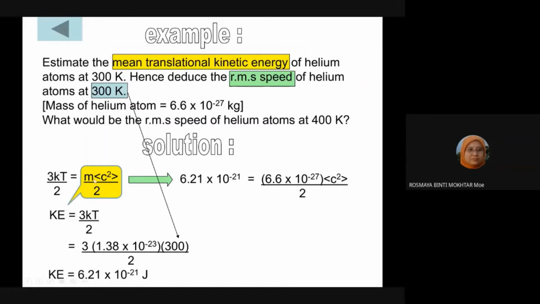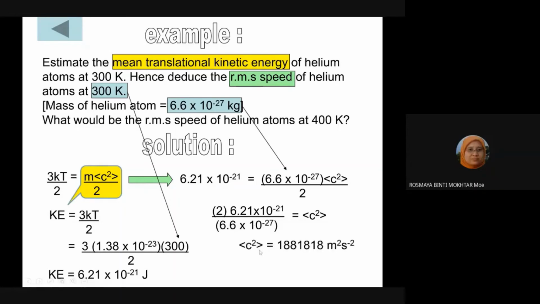Kinetic energy equals half m mean square speed. Half m is given, 6.6 times 10 to the power of negative 27, and then the mean square speed. So we calculate the mean square speed by cross multiplying.